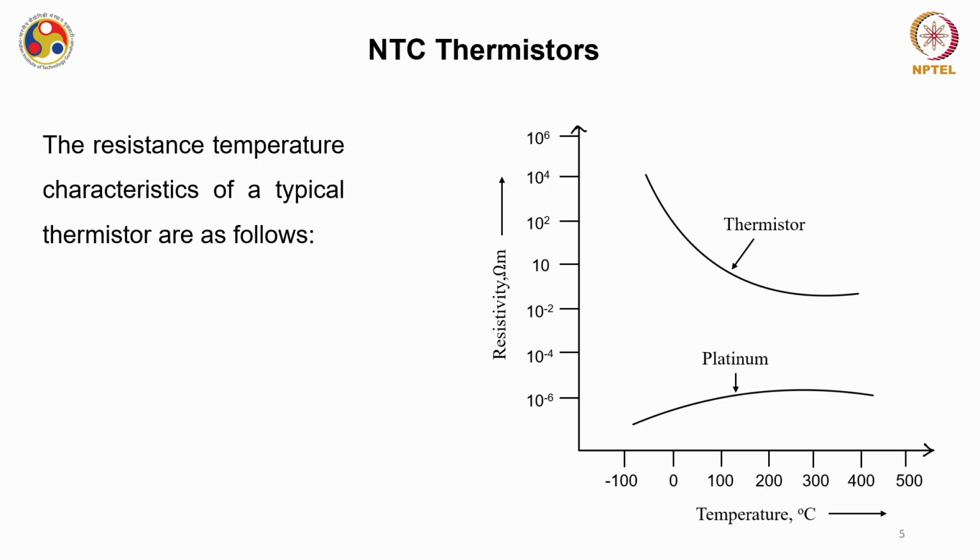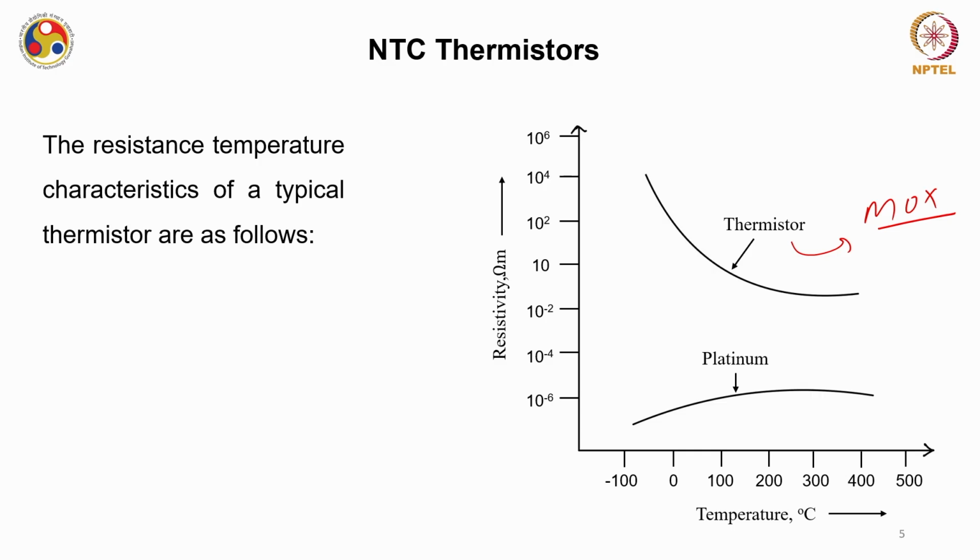Just have a look at this graph, where I have shown the resistivity versus temperature curve of a thermistor. It can be one of the oxides, say I am calling it metal oxide, MOX. It can be a typical, say, iron oxide or manganese oxide.